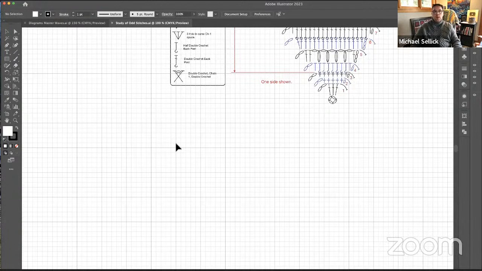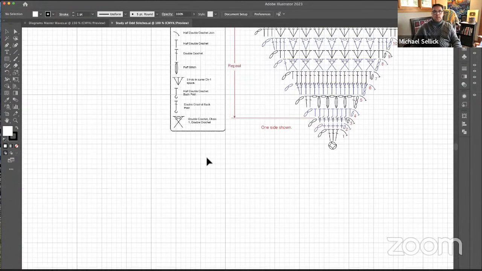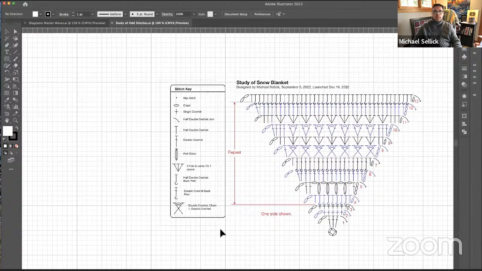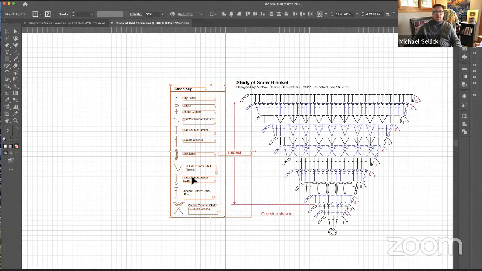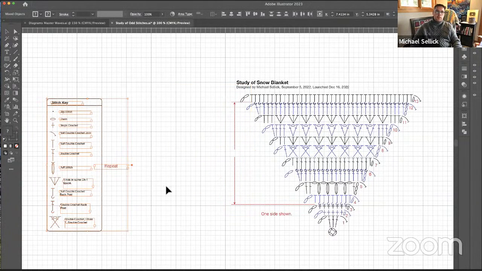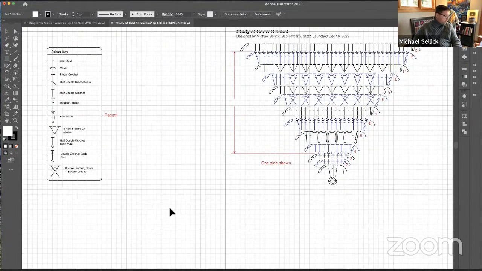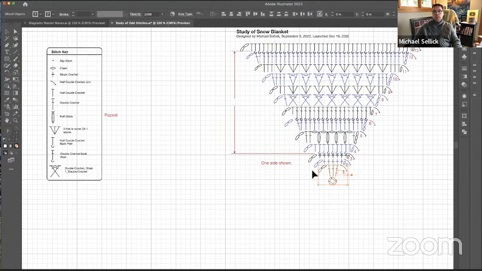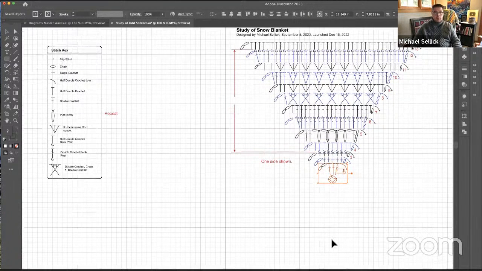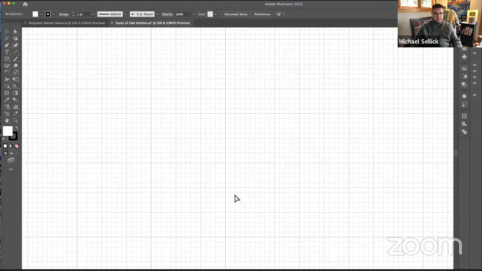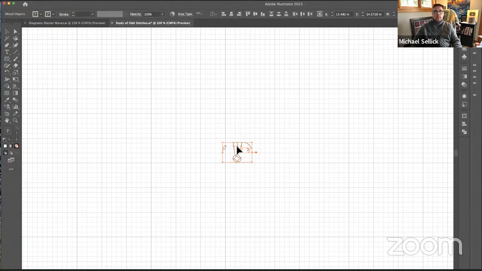So I'm going to begin, and I'm going to move some stuff out of the way that we normally keep. The goal for this particular pattern is that it's actually a lot of repeating in the pattern itself, so there's not a lot of craziness to it. So we're going to begin. I'm going to copy this and take it over, and I'm going to have to create a center point for this.